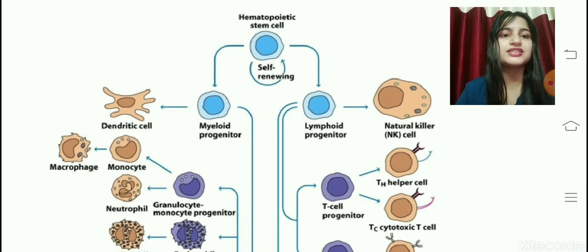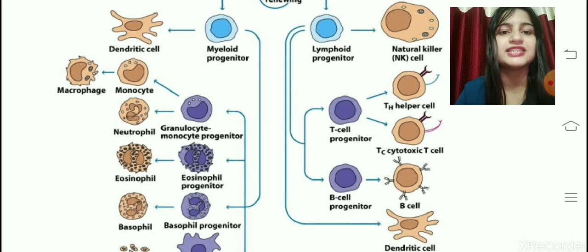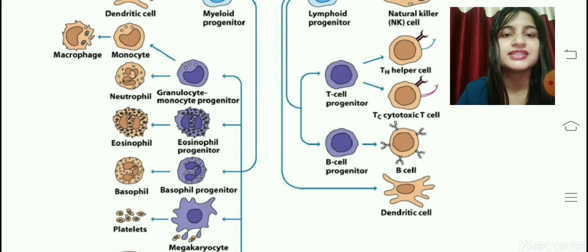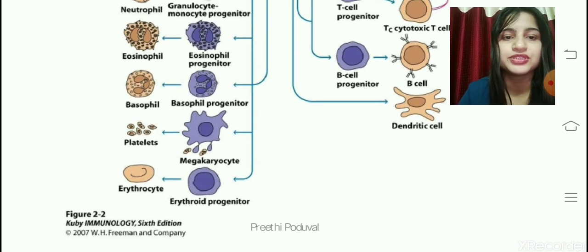So this is the hematopoietic stem cell which is self-renewing. They're called regenerating cells. They give rise to two lineages, as I said before, the lymphoid lineage and the myeloid lineage. The myeloid progenitor cells give rise to several cells such as the dendritic cells, the monocytes, neutrophils, eosinophils, basophils, platelets and the erythrocytes.